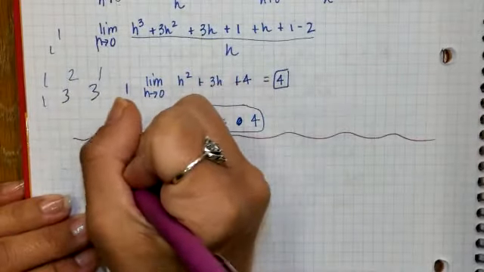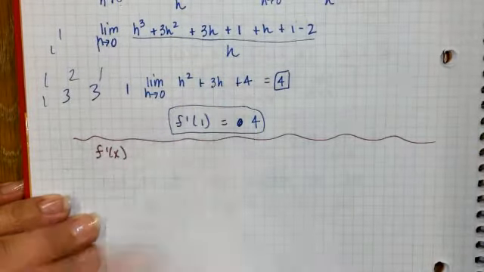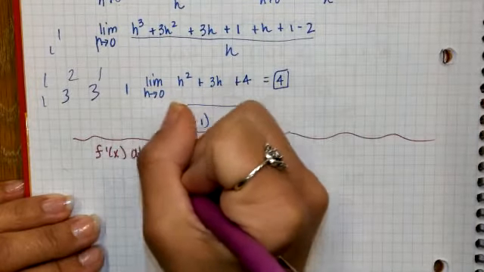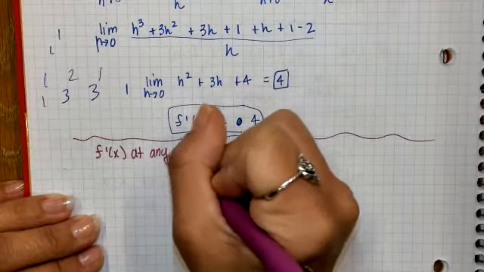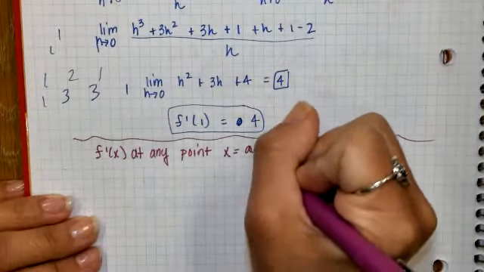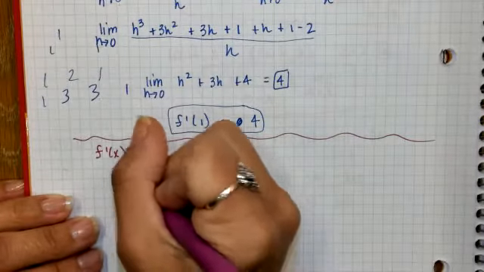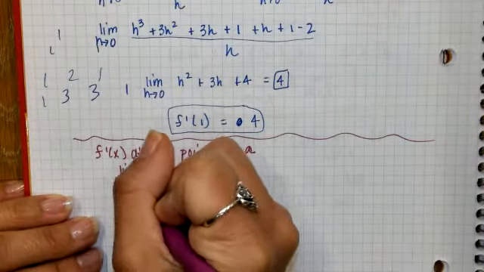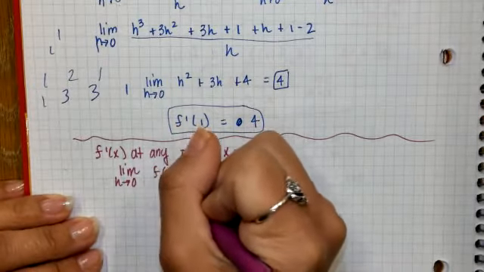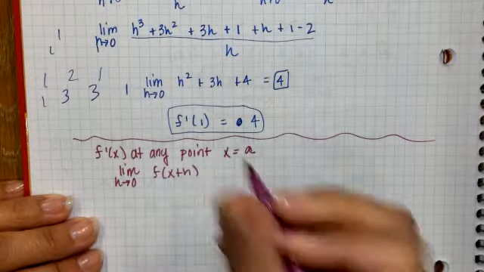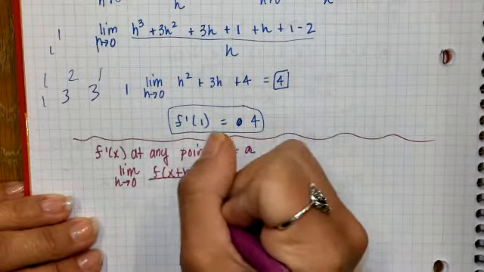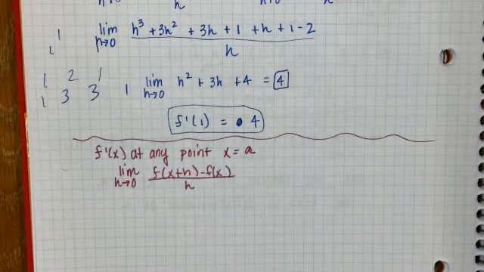So let's find the derivative of the function at any point x equal to a. The limit as h approaches 0 of f of x plus h minus f of x all over h.